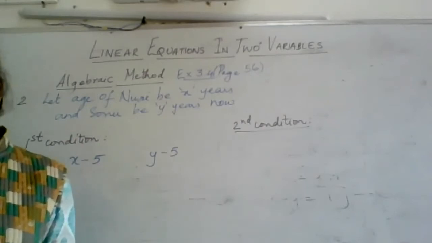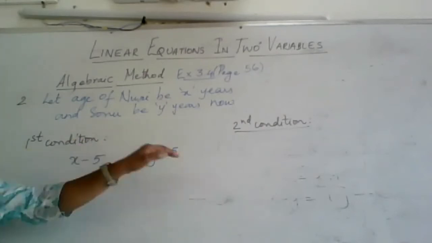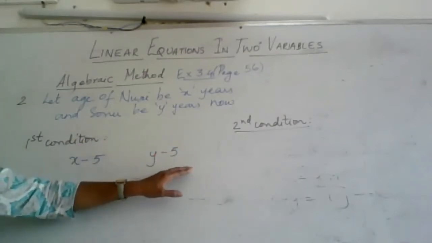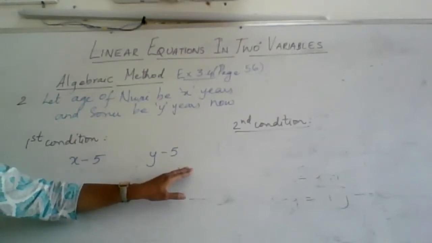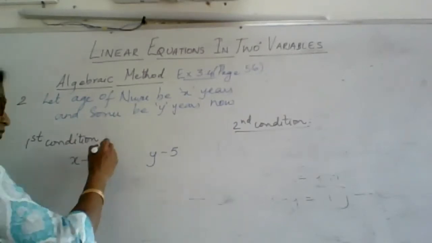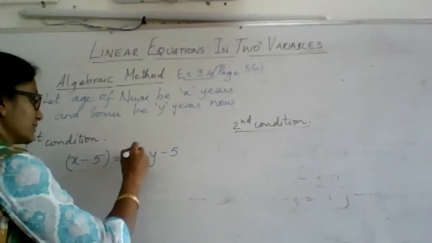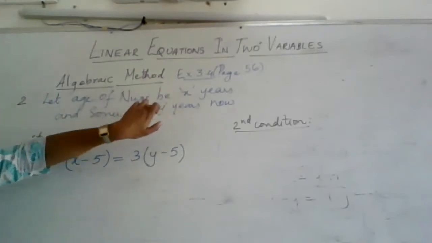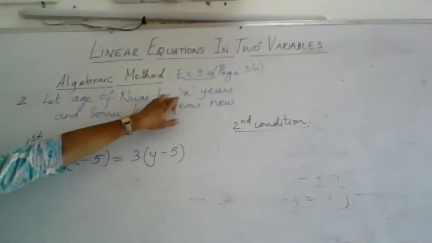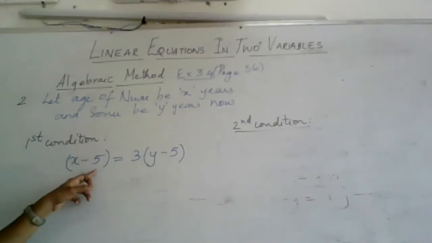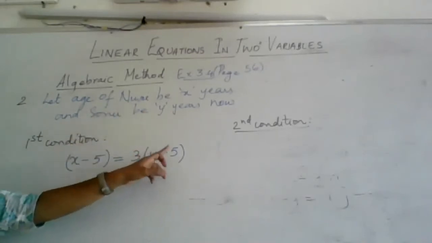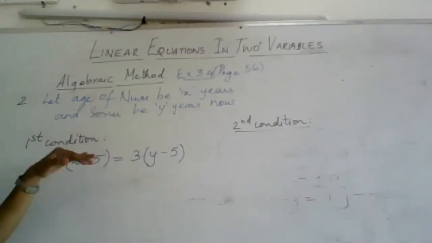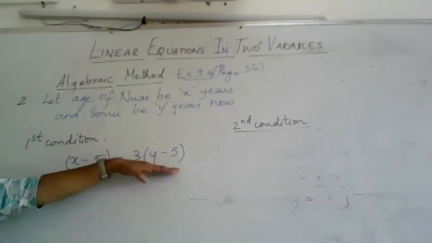What is the connection between them? 5 years ago, Noori was thrice as old as Sonu. So Noori is 3 times the age of Sonu. You understand how the condition has come? If their present ages are X and Y, 5 years ago Noori was X minus 5 and Sonu was Y minus 5.